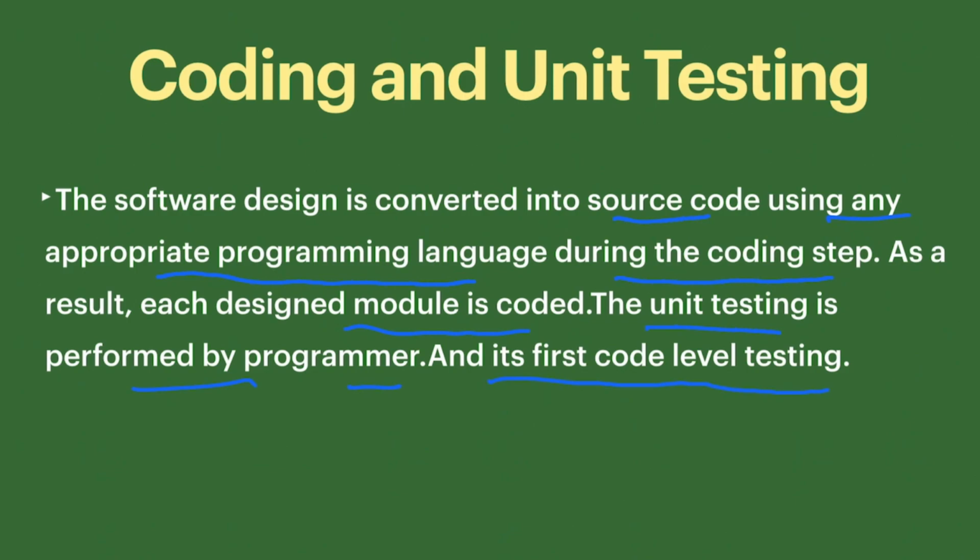So after the design phase, programmers or software developers convert the design into code, and here coders use different languages according to requirements, and the first level testing is also performed by the software developers. It is called unit testing. Unit testing is actually performed by the development team of the software.